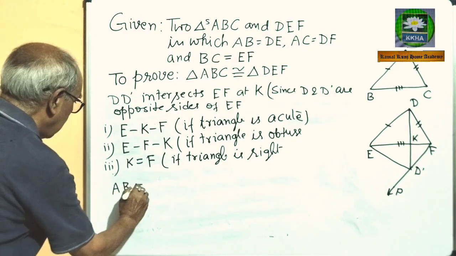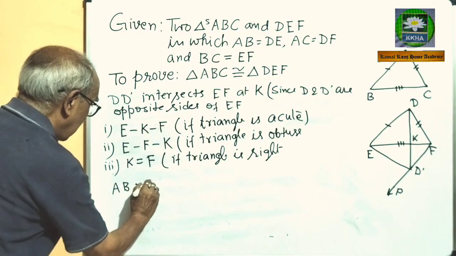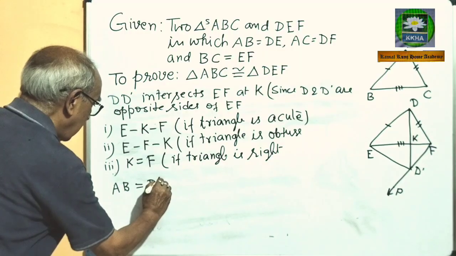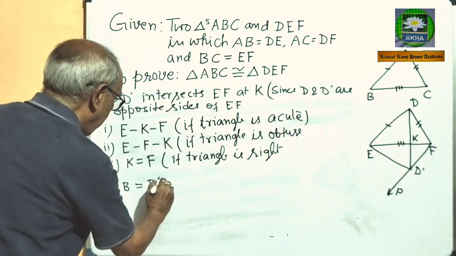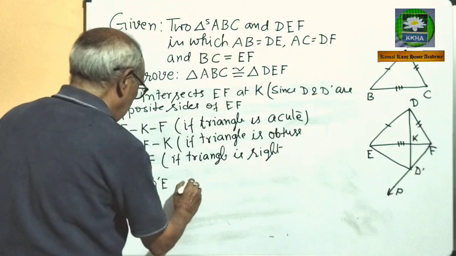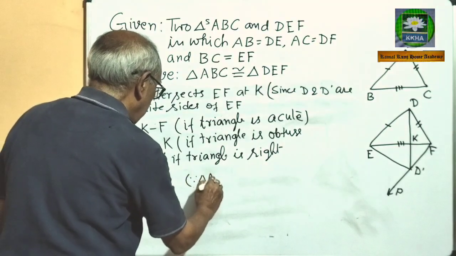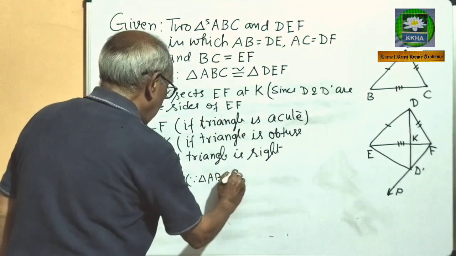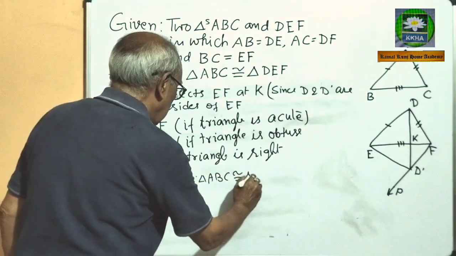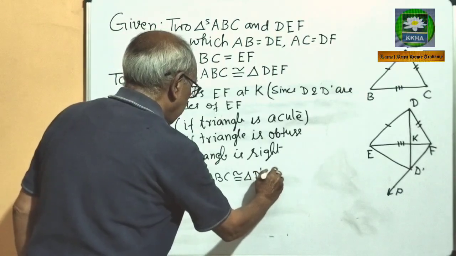Triangle ABC is congruent to triangle D dash EF.